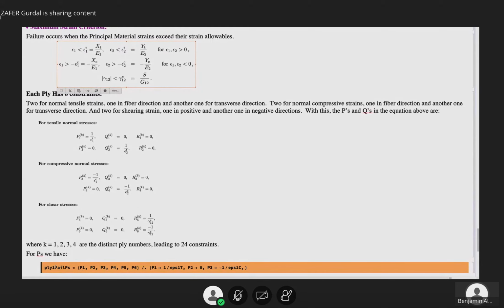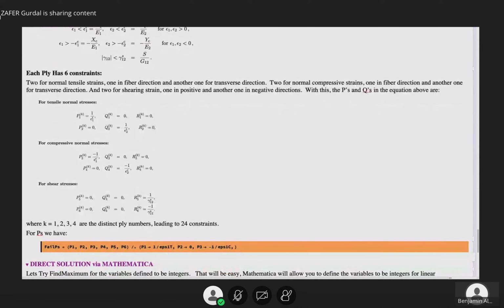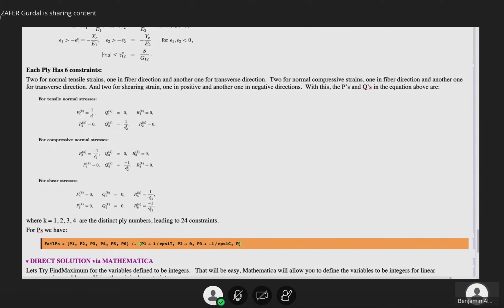So let's say not ply 1, but say apply failure P's, which will be independent of the ply number: P1, P2, P3, P4, P5, P6. P1 will be 1 over epsilon allowable in tension, and P2 equal to 0. P3 is equal to minus 1 over epsilon 1 compression. P4, I stop right there, goes to 0.